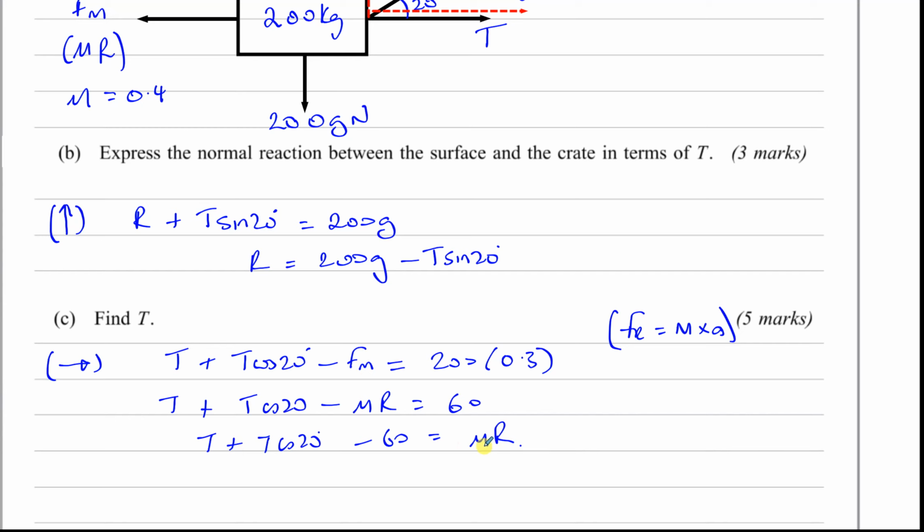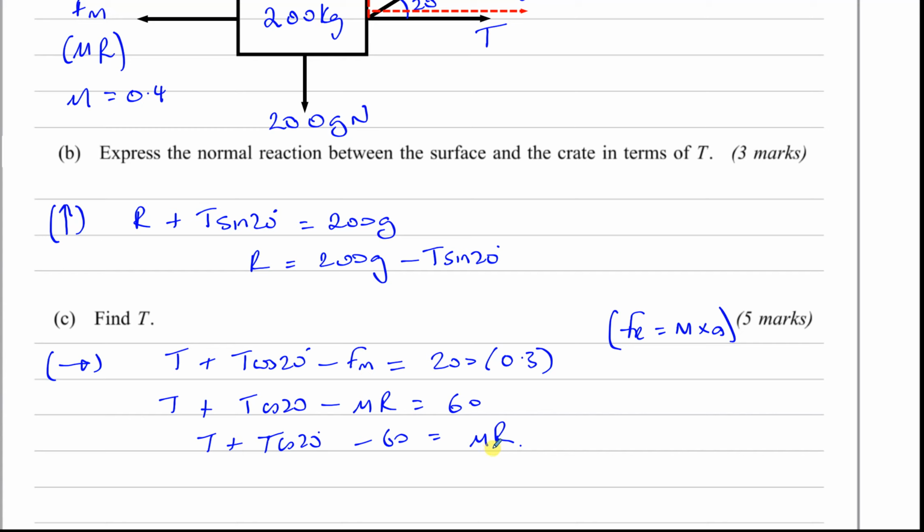Since mu is 0.4, they multiplied both sides by 2.5, because 0.4 is 2 over 5. So they ended up with 2.5T plus 2.5 cosine 20 minus 60 times 2.5. And that was their value of R in terms of T, right?